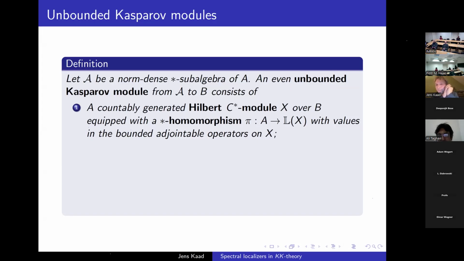So I have an inner product in this case with values in the C-star algebra, capital B. So capital B is now kind of coefficient C-star algebra.